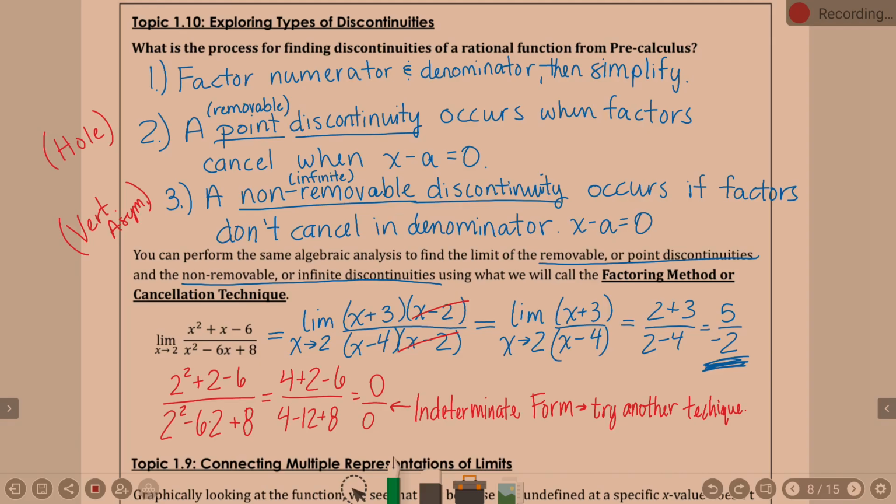Make sense? And just to clarify, if it was limit as x is approaching 2 of x squared plus 6 minus that, and then another limit in the denominator, it would have just been 0.